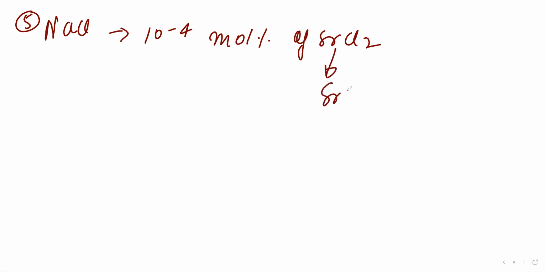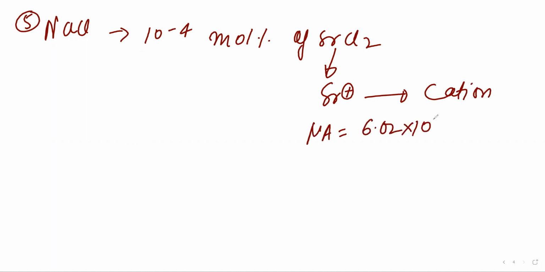Avogadro number is 6.02 times 10 raised to 23 per mole. It was asked in 2007.